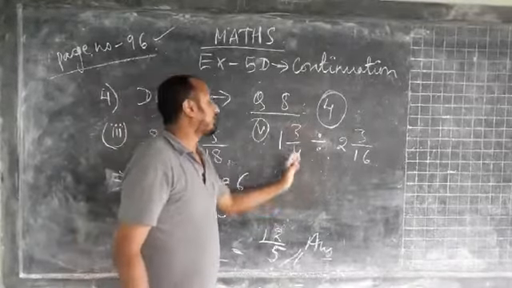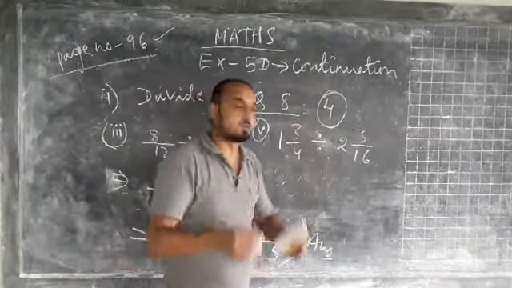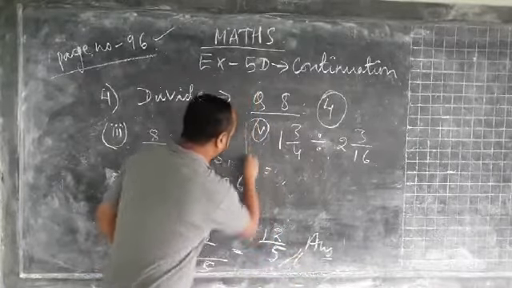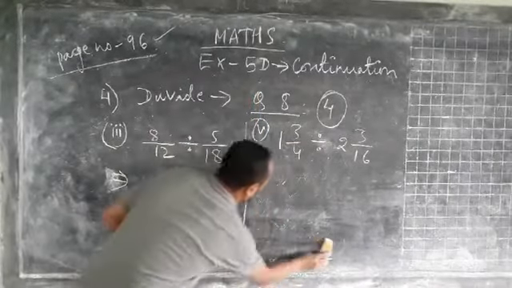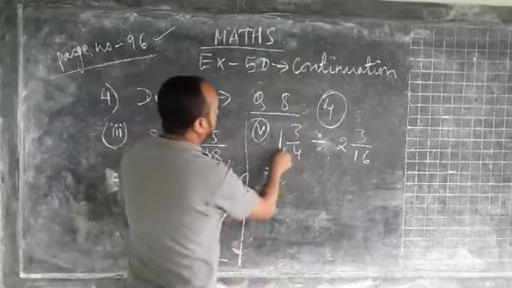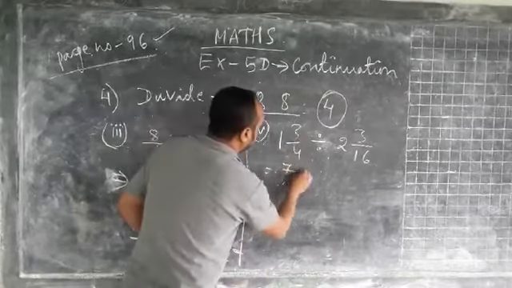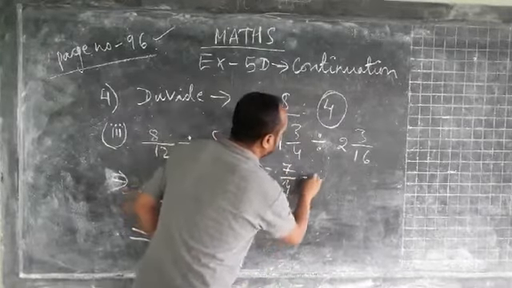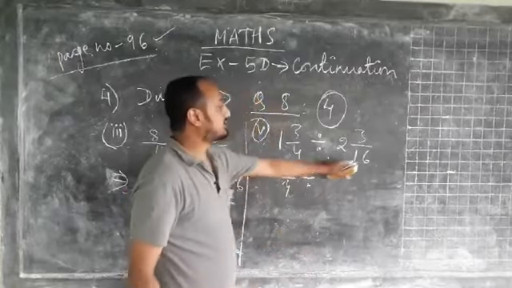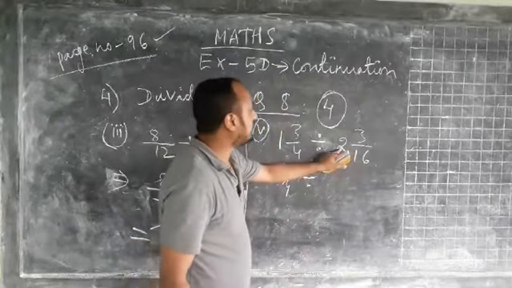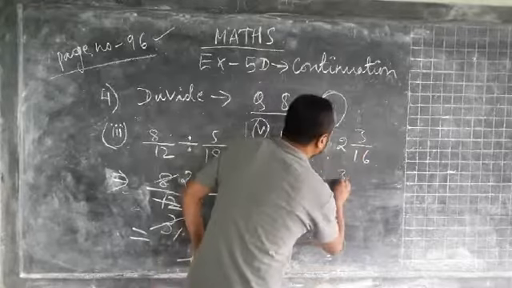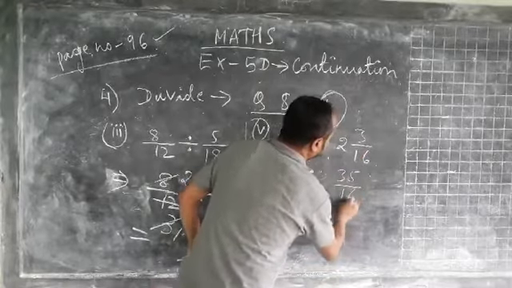So we have to convert this mixed fraction into simple fraction. 4 1s are 4 plus 3, 7. So we will get 7 by 4 divided by, here 16 into 2 is 32 plus 3, 35 by 16.